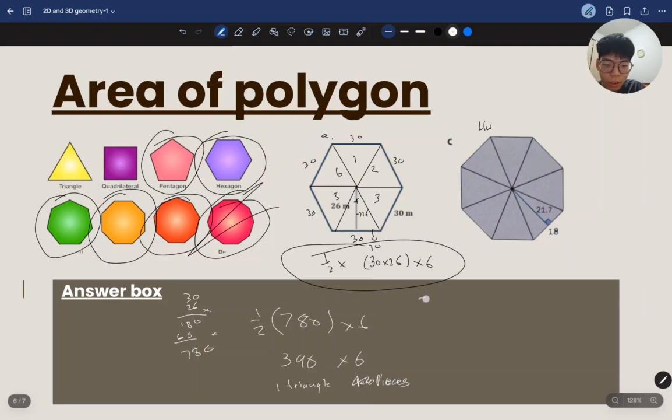So it's going to be 390 times 6, equaling 2,340 meter square, because the question is in meters.